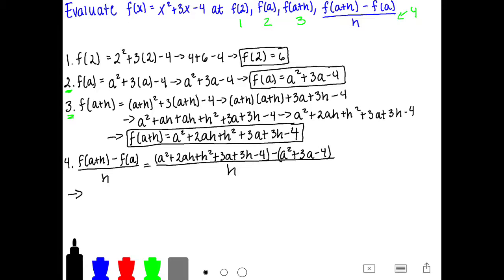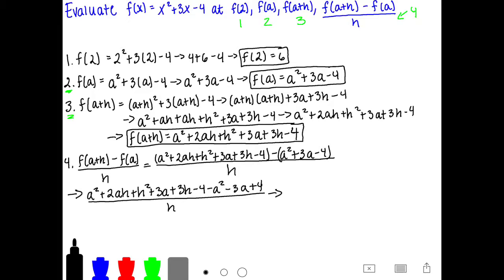All right, and so now I'm going to rewrite that and distribute the negative that comes after our f of a plus h. So now you have a squared plus 2ah plus h squared plus 3a plus 3h minus 4. And applying that negative to our f of a, you get minus a squared minus 3a plus 4, all over h.